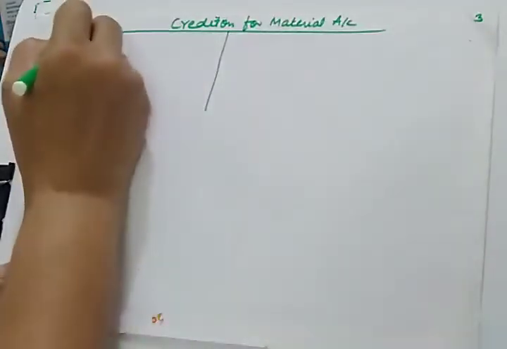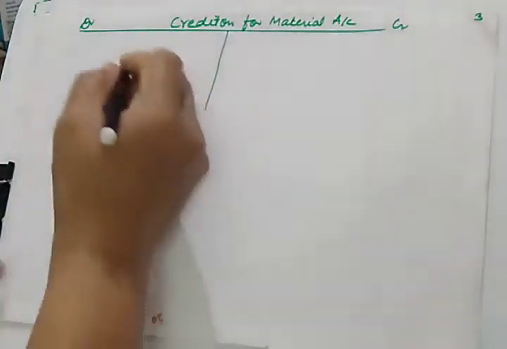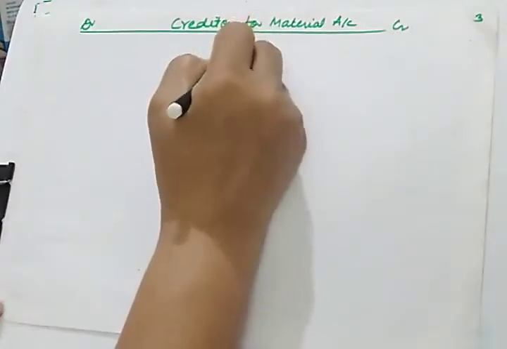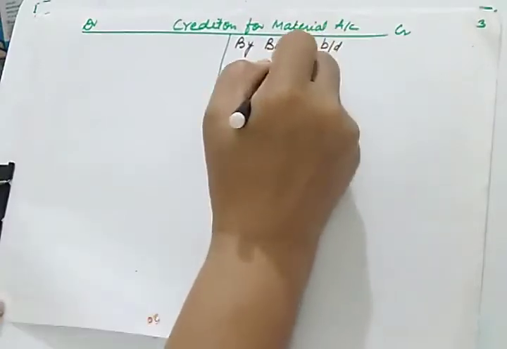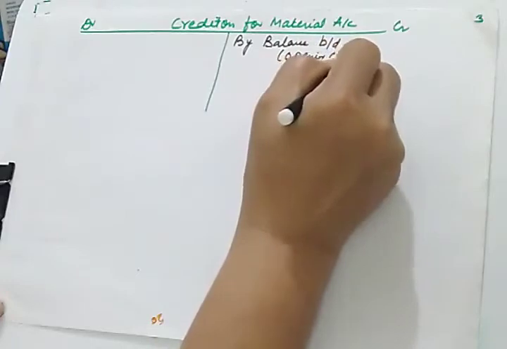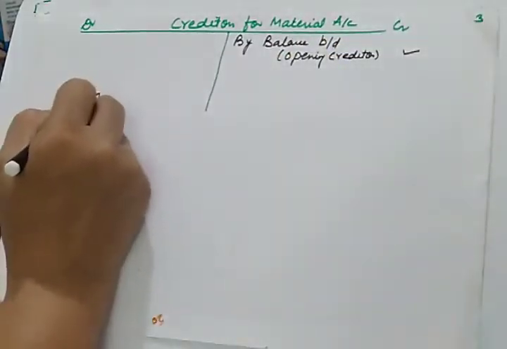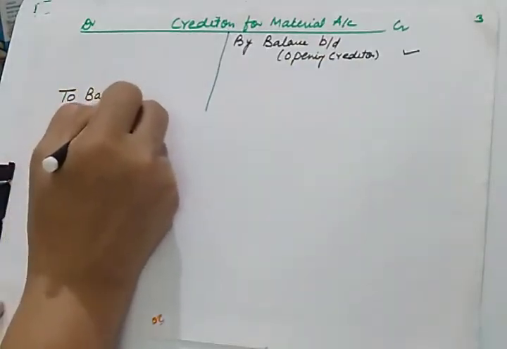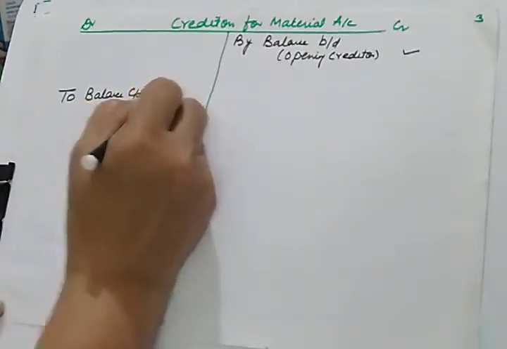Creditors for material means it can be for sports material, it can be for stationery, or it can be for medicines also. So creditors, you know that opening balance of creditors is written on the credit side. Balance brought down, this is the opening creditors. Opening creditors will be recorded here. So closing will be recorded here. Balance carried down, closing creditors.